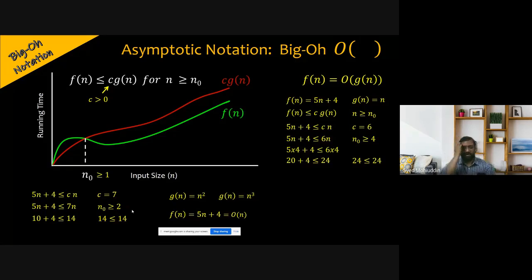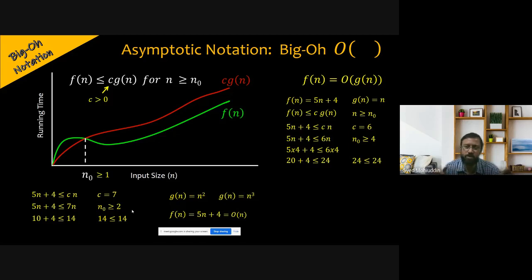Whatever value you take, because it is f of n less than or equal to c of g of n, g of n cannot be n plus some constant. Whatever degree it has, greater than or equal to the degree of f of n will satisfy.